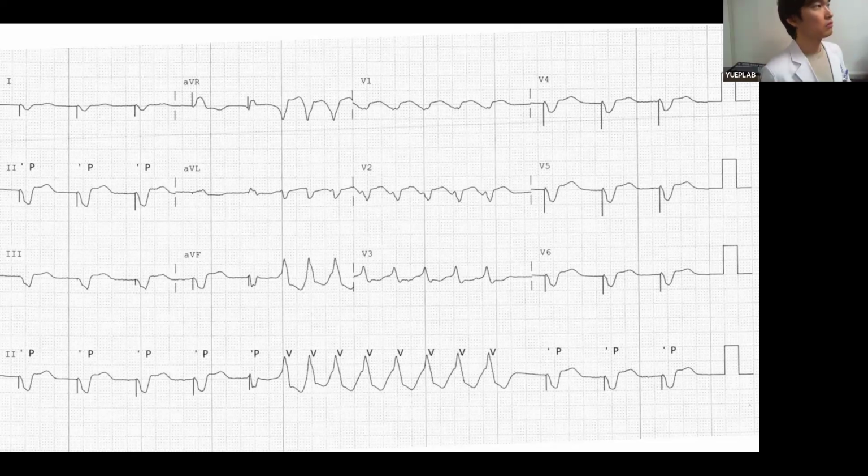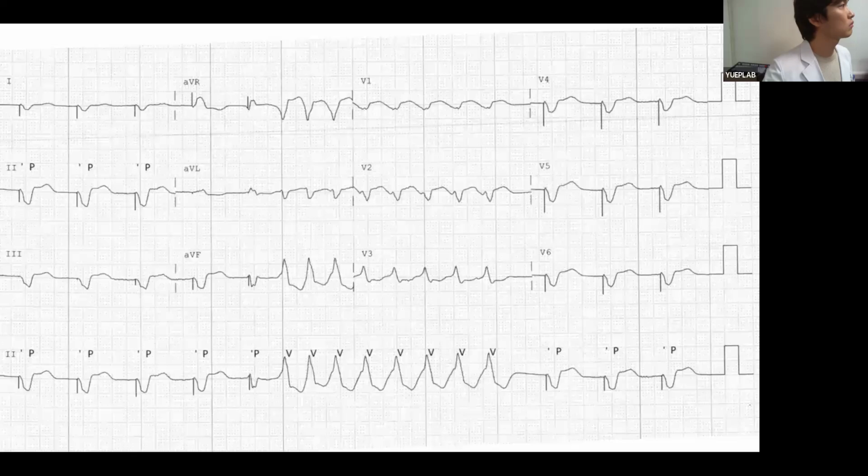And look at lead one. It is S wave predominant, right? So usually, with right ventricle pacing, lead one is positive, but it is going from left to right direction, right? So the pacing site is unusual. So I assume that it can potentially be a temporary pacing status.